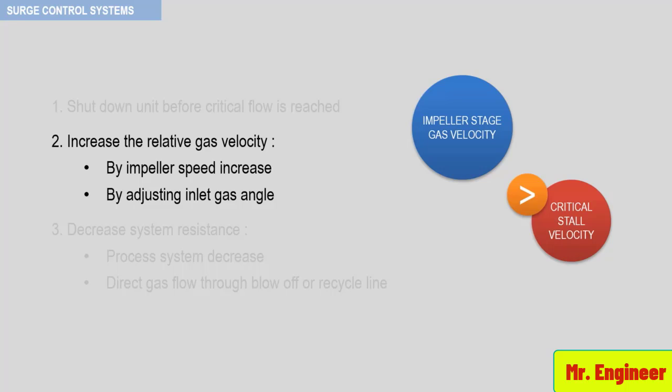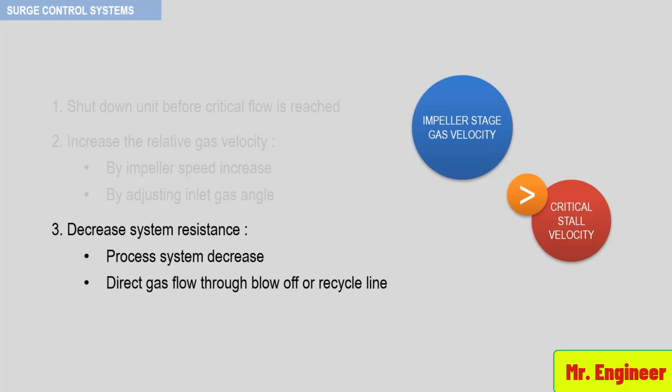The third option of decreasing the system resistance can be achieved by either directly reducing process system resistance, as seen in a previous video, or by opening a throttle valve, or by directing gas flow through a blow-off or a recycle line.